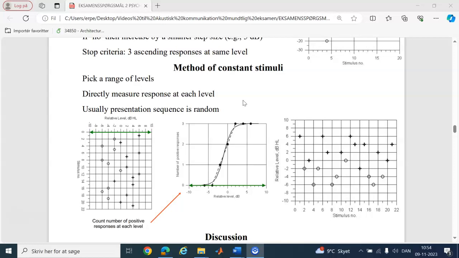Yeah. 6 dB, how many? 4 dB, how many? 2 dB, and so on.